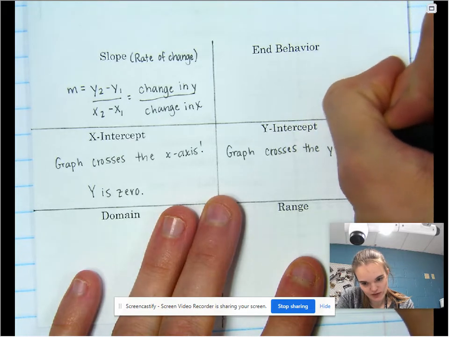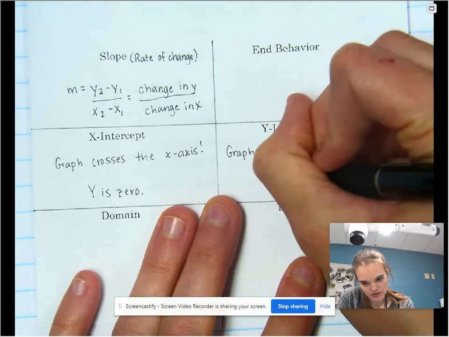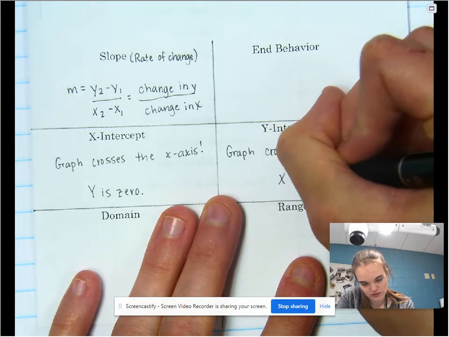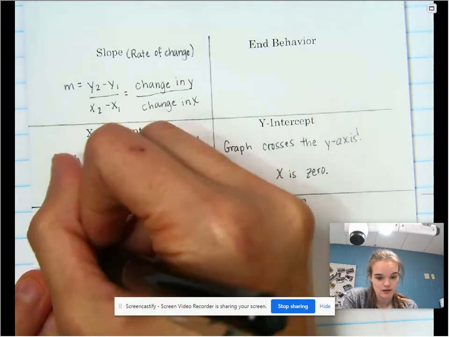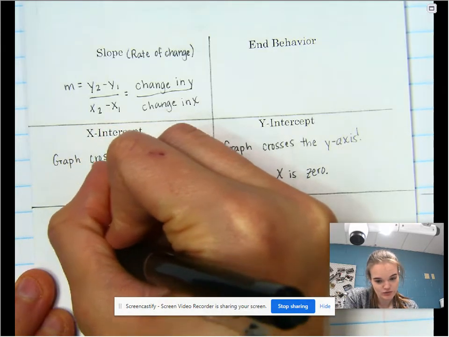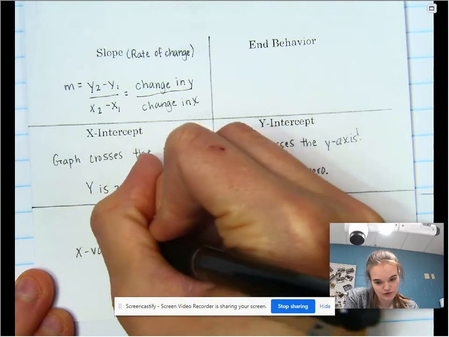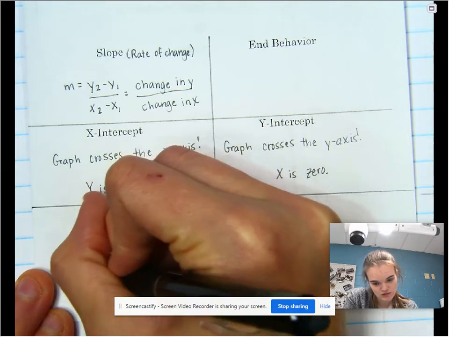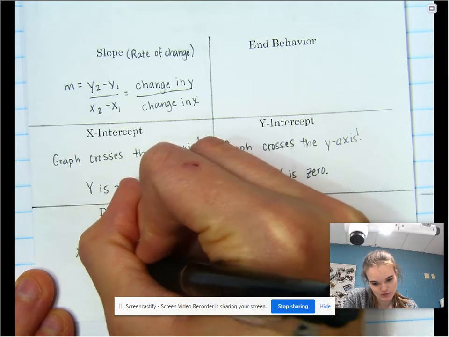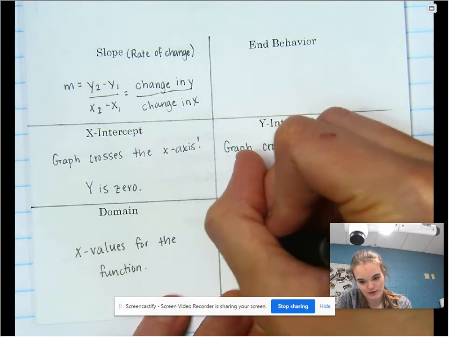Just like the x-axis, x is 0 in that situation. Domain is the x values for the function. We've talked about that before. Range is the y values for the function.